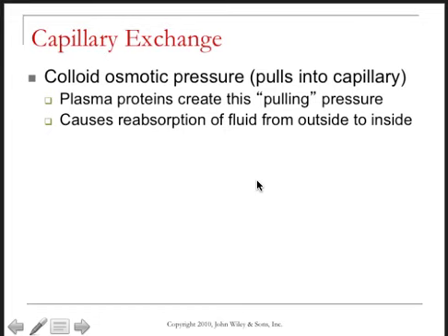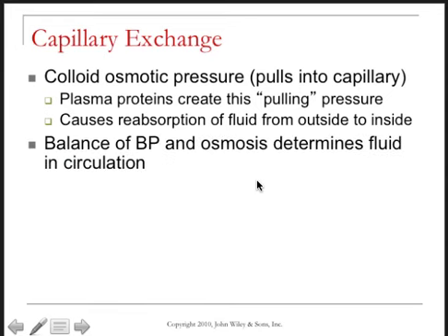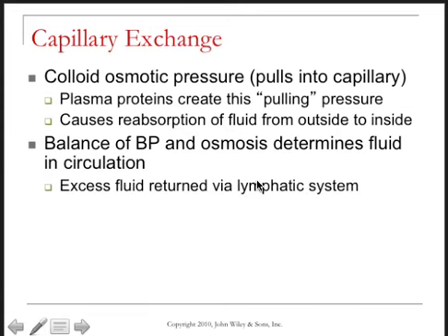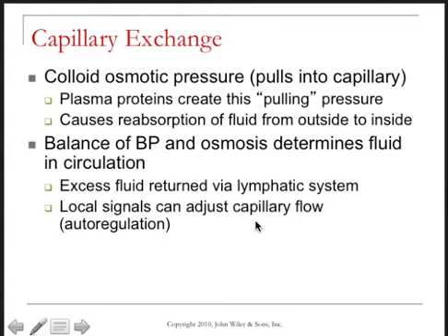So this causes reabsorption of fluid from outside the circulatory system to inside the circulatory system. The balance of blood pressure and osmosis determines the amount of fluid that's in circulation. Excess tissue fluid is eventually returned to the circulatory system through the lymphatic system, and local signals can adjust capillary flow in addition to these other factors that we've discussed.